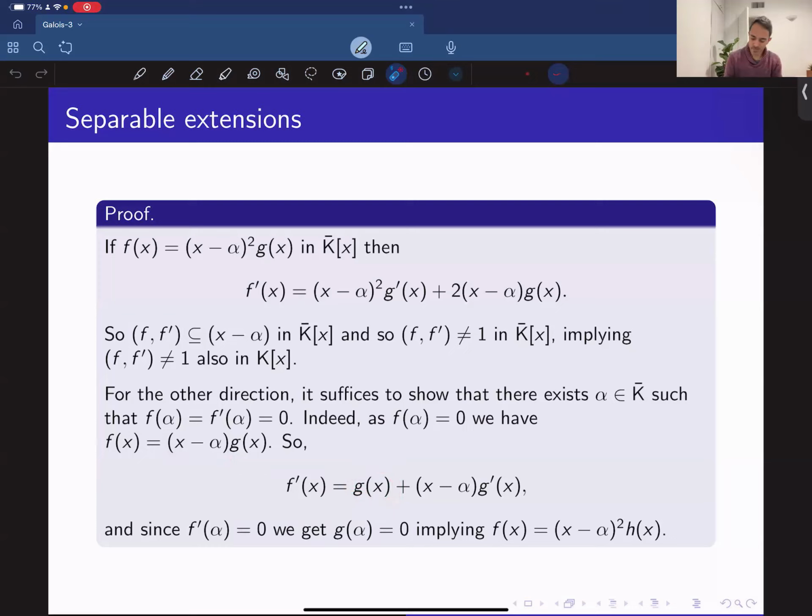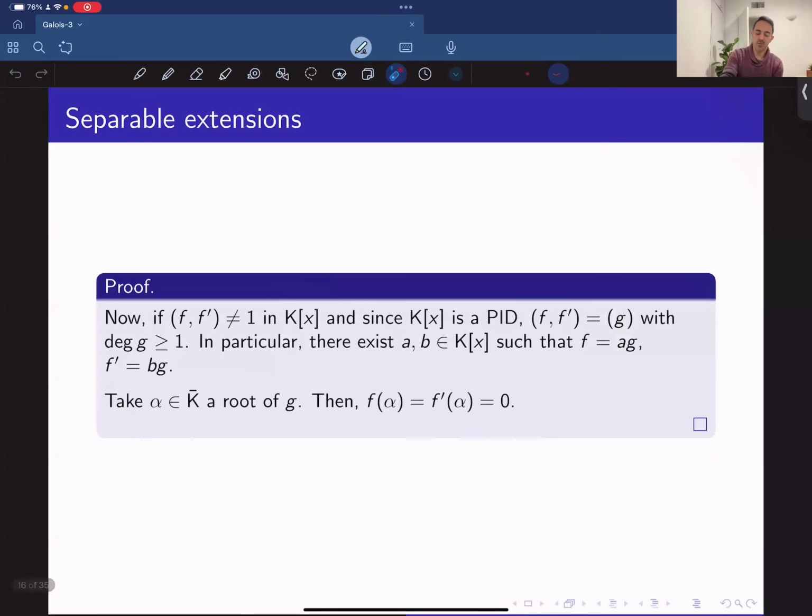Since f prime of alpha is 0, when you substitute alpha, you get that g of alpha is 0. And so going back here, you see that x minus alpha appears twice in the expansion, because g also contributes x minus alpha. So you can write f as (x minus alpha) squared times another polynomial h of x. So really, if we want to show non-separability, it suffices to prove that both f and its derivative vanish at the point.